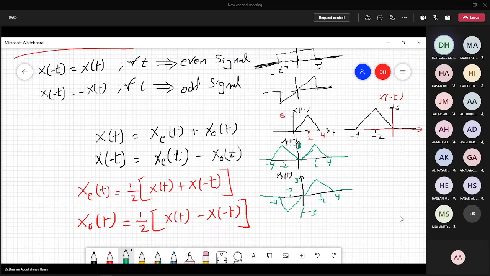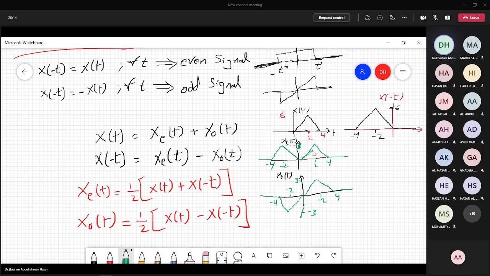Okay, what happened now? So if you add these two together, you should get x of t. This is odd, because whatever we have on the right, we have it on the left, but with the opposite sign. So in the addition of these two, the same triangle, but this one with a positive, this with a negative, cancel each other. So then I will get 0 here.